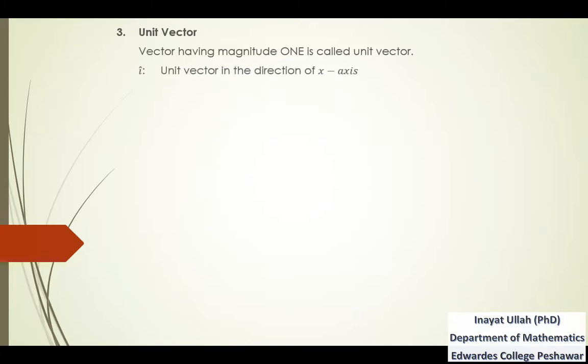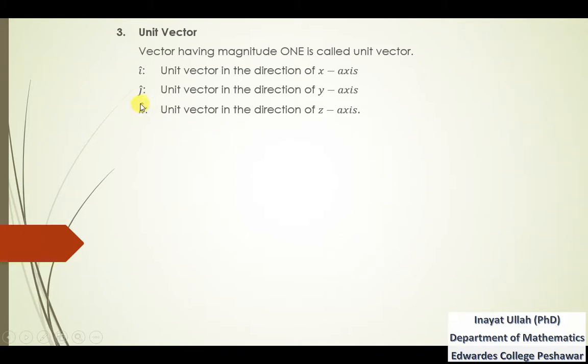From here we have the x-axis. The unit vector in the direction of the x-axis is denoted by i cap, the unit vector in the direction of the y-axis is denoted by j cap, and the unit vector in the direction of the z-axis is denoted by k cap.